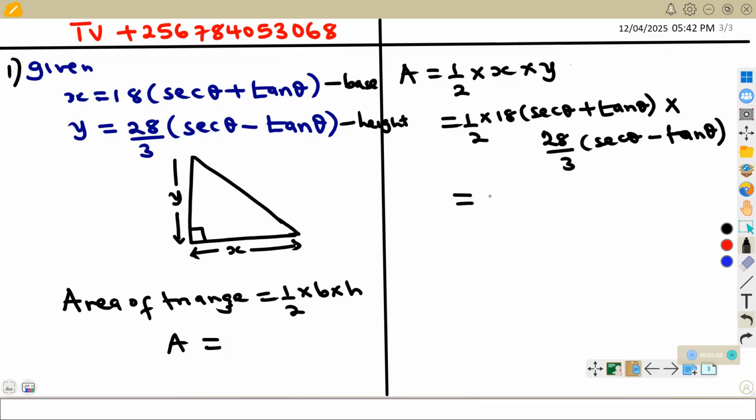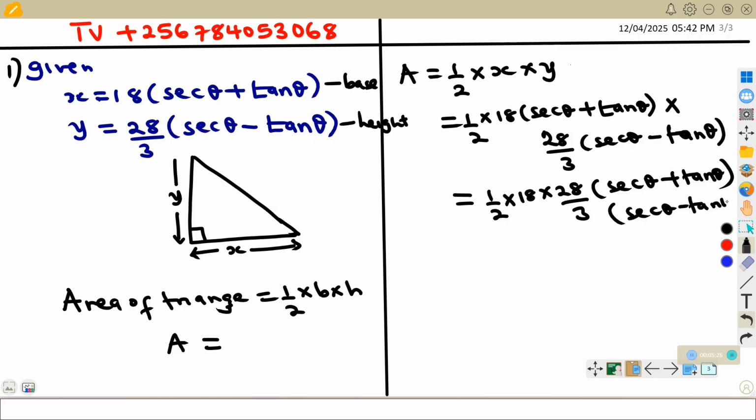So this will give us a half times 18 times 28 divided by 3, times sec of theta plus tan of theta, multiplied into sec of theta minus tan of theta.